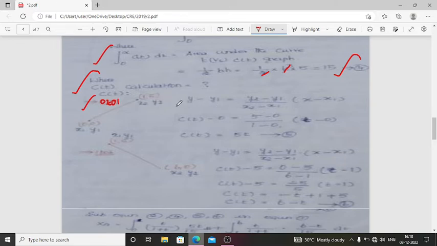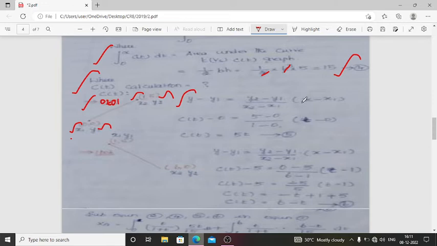The equation is y minus y1 equals (y2 minus y1) divided by (x2 minus x1) into (x minus x1). Here x1 is 0, y1 is also 0, x2 is 1, and y2 is 5. Substitute these values.